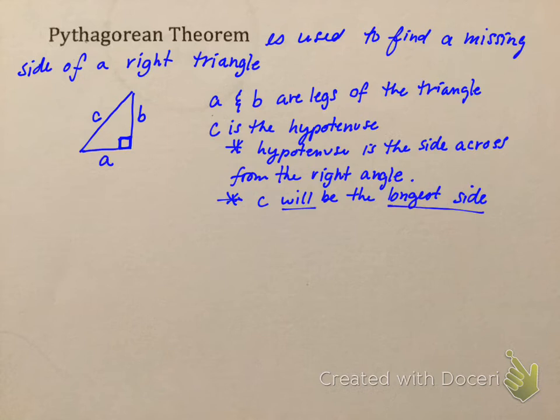So the Pythagorean theorem says if I square leg A plus the square of leg B, it's going to equal C squared. So the Pythagorean theorem states A squared plus B squared equals C squared. And this formula is used to find a missing side.